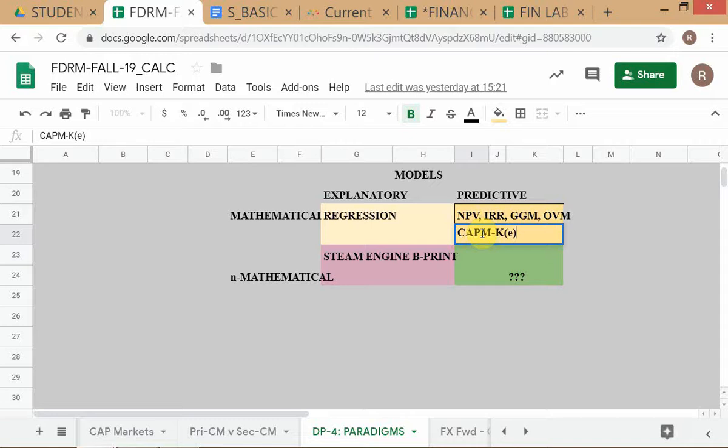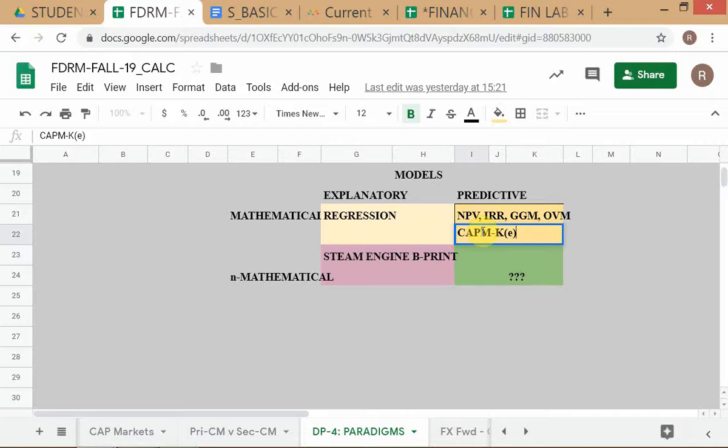Based on the discussion of models which we had, you all remember the CAPM cost of equity model, where KE is equal to, yes Pulkit, what you said yesterday, what is the first term? Risk-free rate, RF. KE is equal to RF plus beta into equity risk premium, RM minus RF, right?